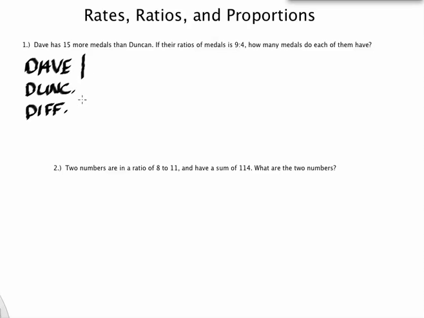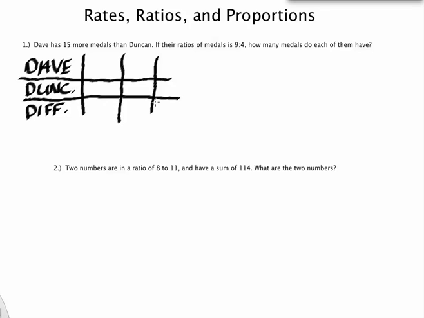And we will make a line going down and a line going across. One more line down here. Just make this a little longer.